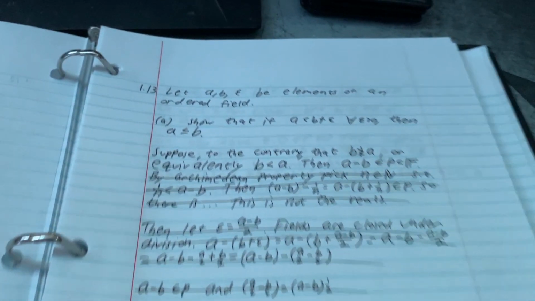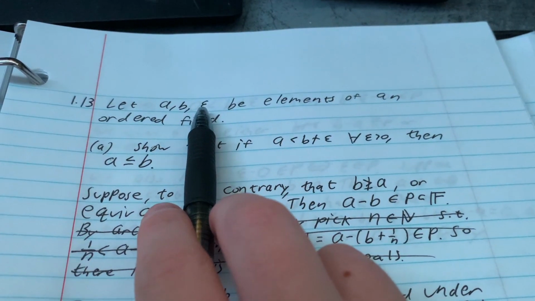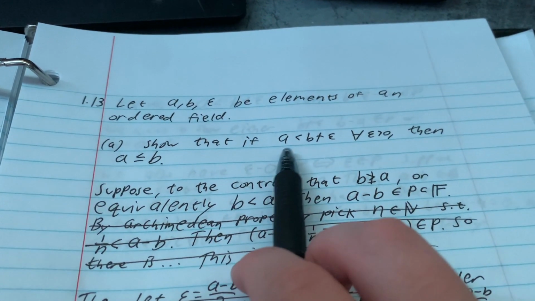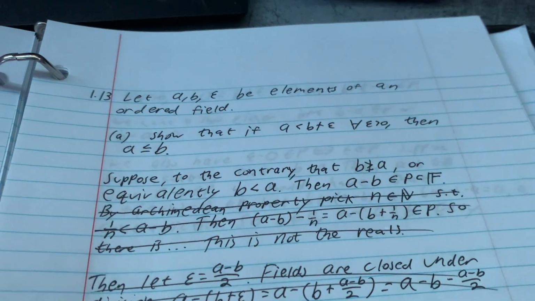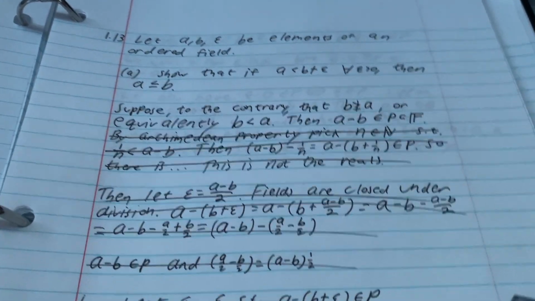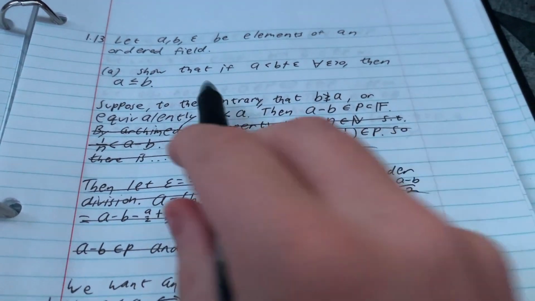There it is. Let A and B and epsilon be elements of an ordered field. Show that if A is less than B plus epsilon for every epsilon greater than 0, then A is less than or equal to B. I started this the way you prove this in the reals, which is you go to contrapositive.